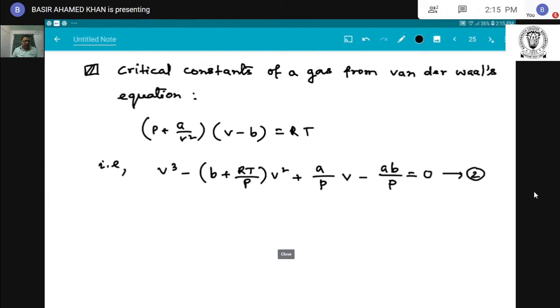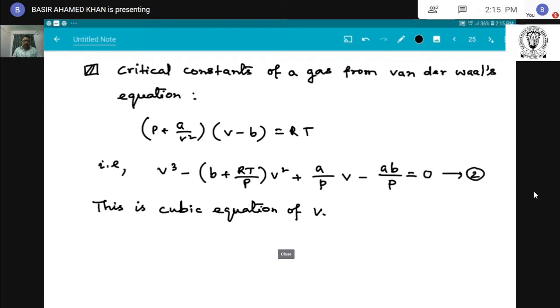Now this is a cubic equation of V. So for a constant temperature and pressure, V should have 3 values.